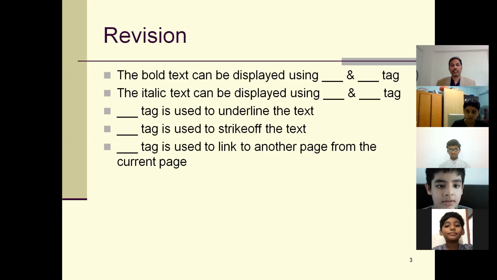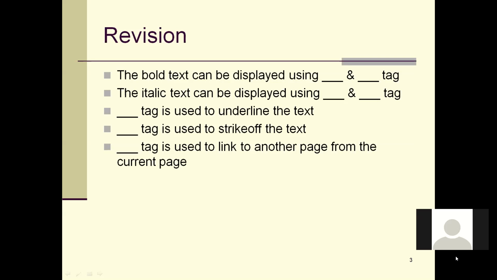The next one I'm going to pass to Vaibhav. The emphasis tag and italic tag. How are they represented? Less than symbol, EM, greater than symbol, and less than symbol, I, greater than symbol.